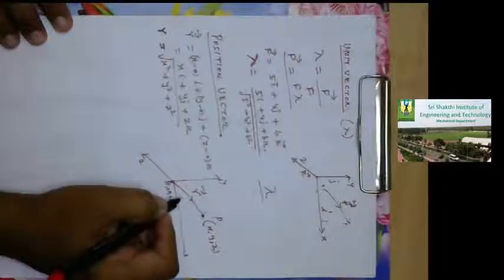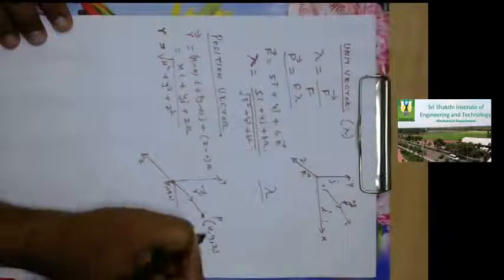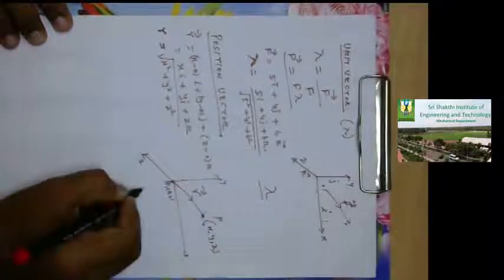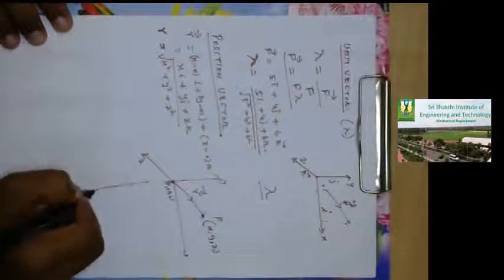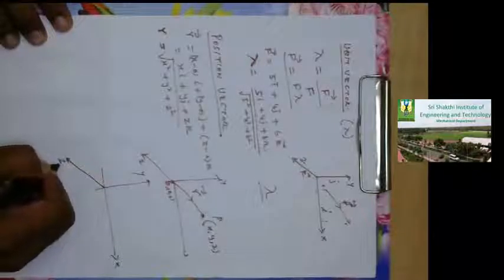For example, consider the position vector of a point A with coordinates x2, y2 with respect to the point B, x1, y1 and z1. If I have another point, I can draw it again: x, y and z.